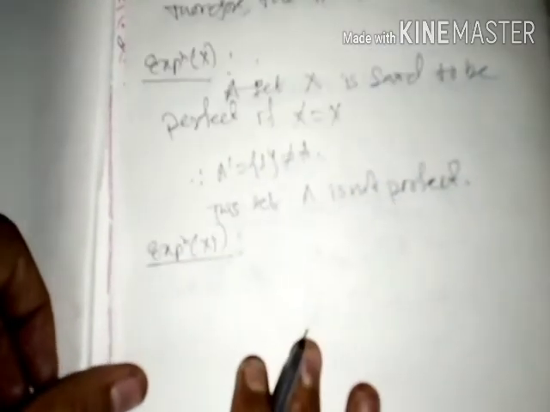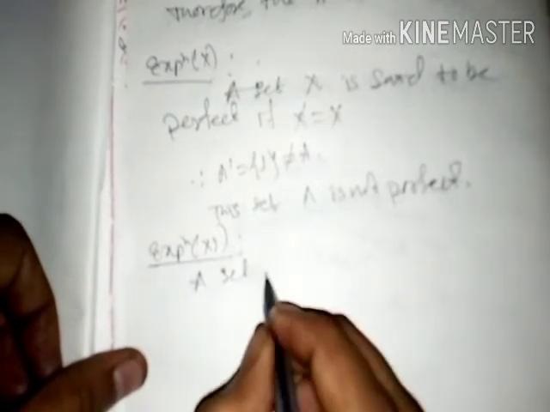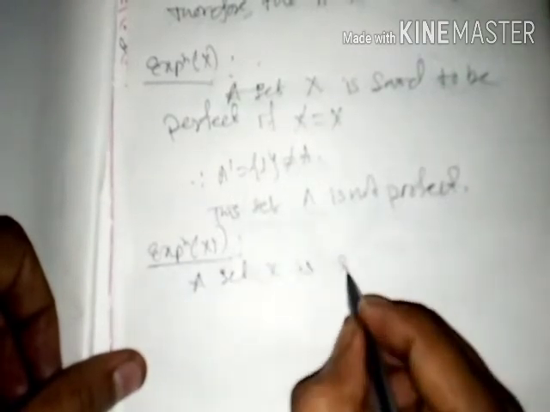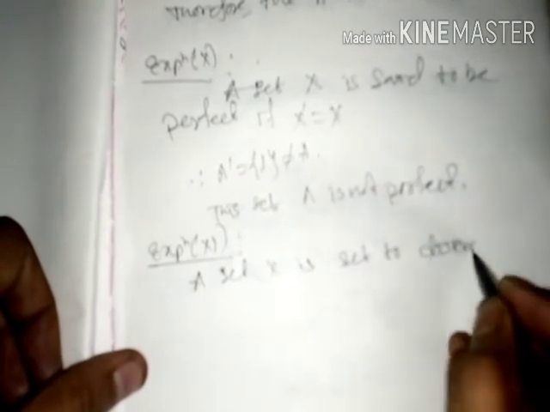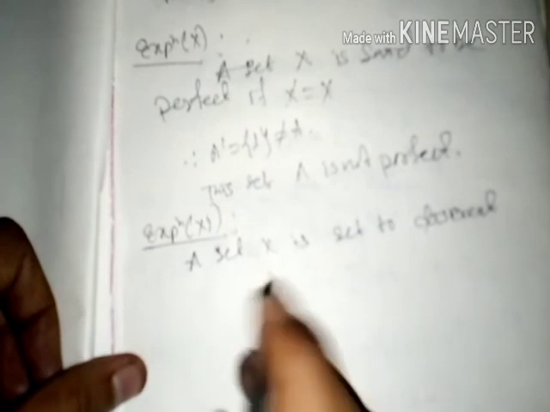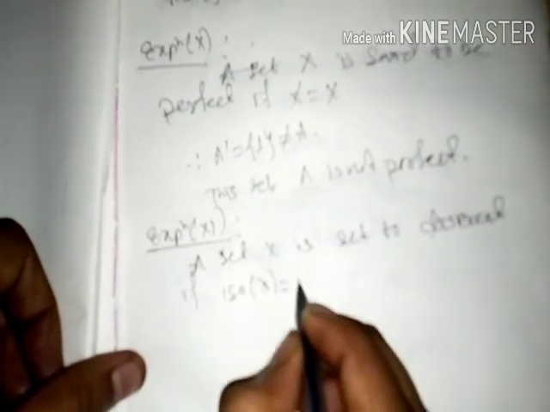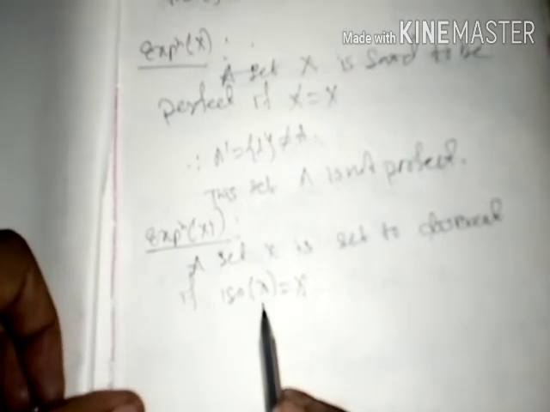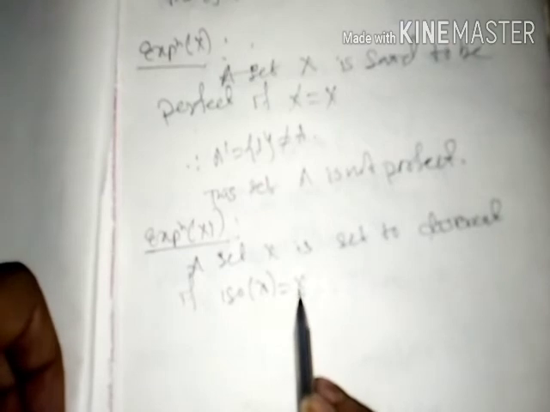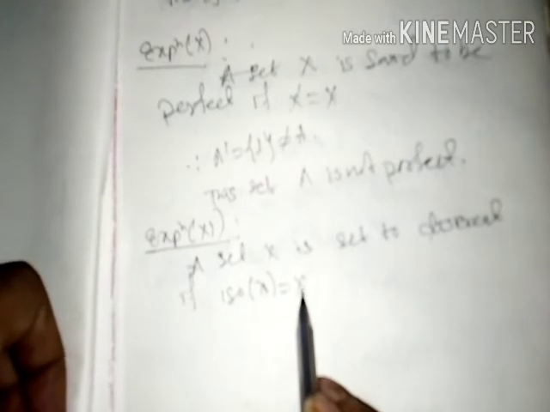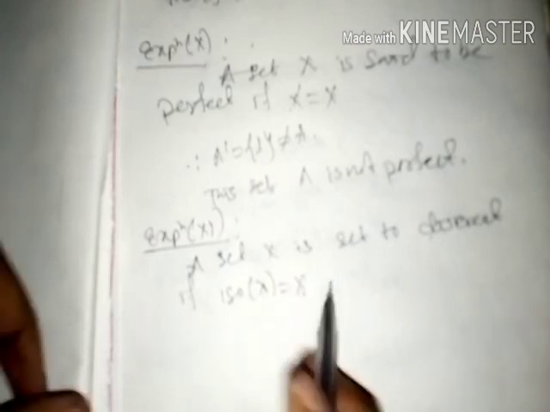A set X is said to be discrete if Iso of X equals X, that is, all the members of X are isolated points of X, then the set X is known as a discrete set.